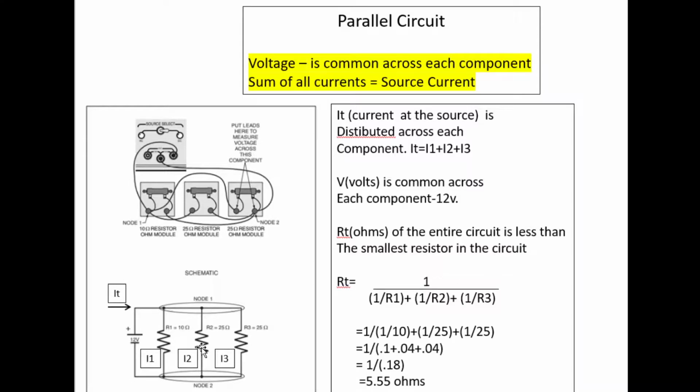Going over to the next one, it's same voltage, 12 divided by 25 ohms. And again, lucky for us, the same resistor, so the current must be the same amount. So again, 12 divided by 25 is 0.48. So you sum up all three of those. You take the 1.2 plus the 0.48 plus the 0.48, and you end up with 2.16 is this total current back here.